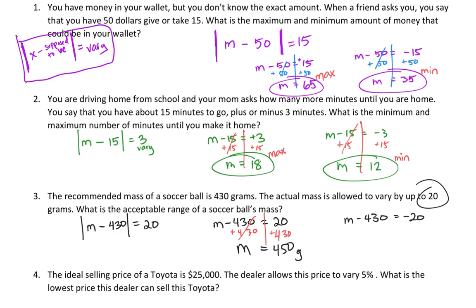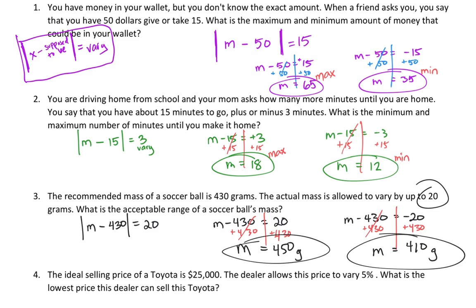Okay, and on the other side, again, add 430, because that's how we isolate the m variable. And when I do that, I got m equals 410 grams. All right, so my soccer ball's got to be between those two. Otherwise, I could get in trouble with the referee.